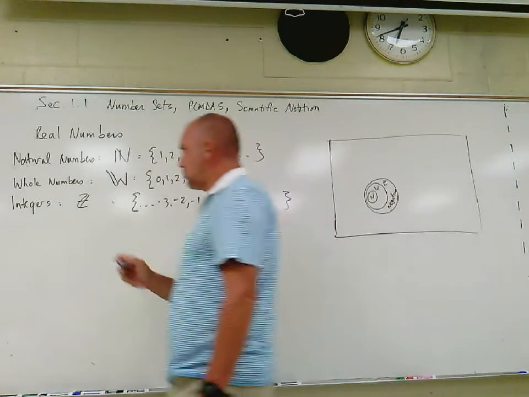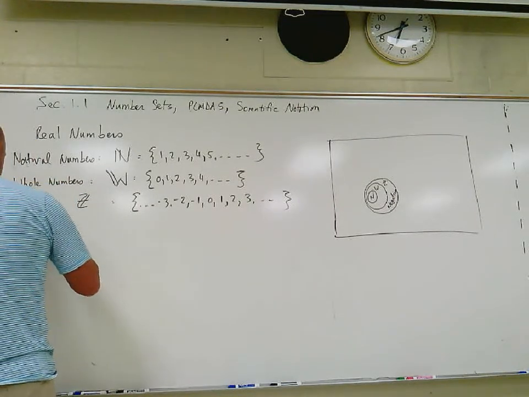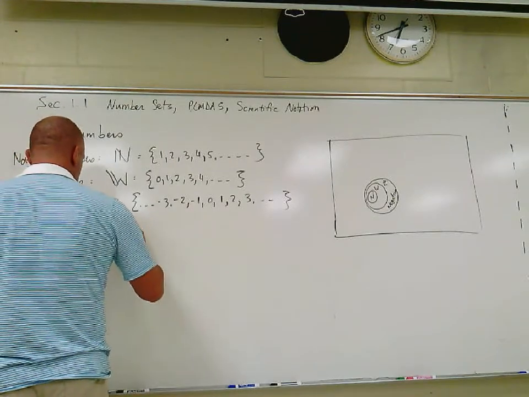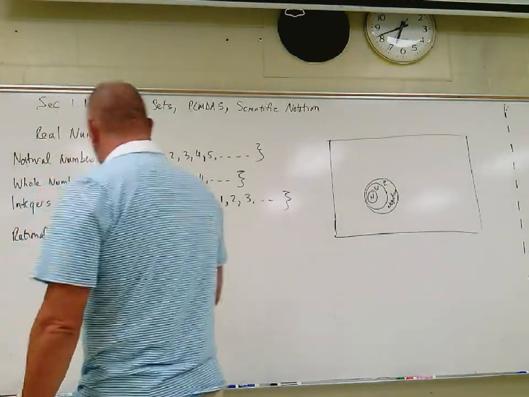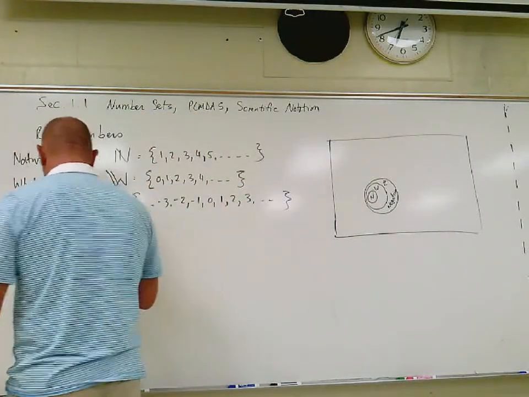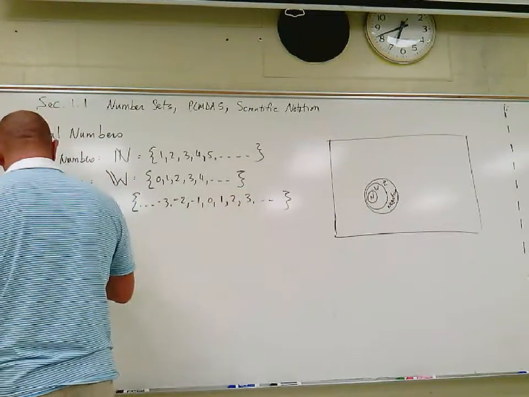The next set of numbers are called the rational numbers. And we use a boldface capital Q for rationals. Also think of them as ratio numbers. There's two ways you can look at it. It's a fraction, so we don't really put a set of numbers like that.